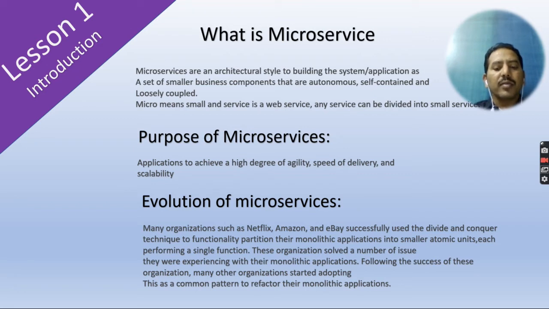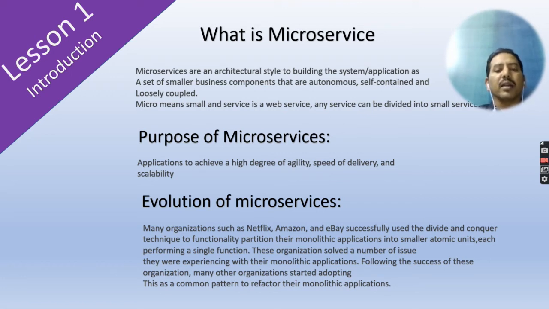These organizations solved a number of issues they were experiencing with their monolithic applications. Following the success of these organizations, many other organizations started adopting this as a common pattern to refactor their monolithic applications. If you see, most of the organizations started adopting microservices.